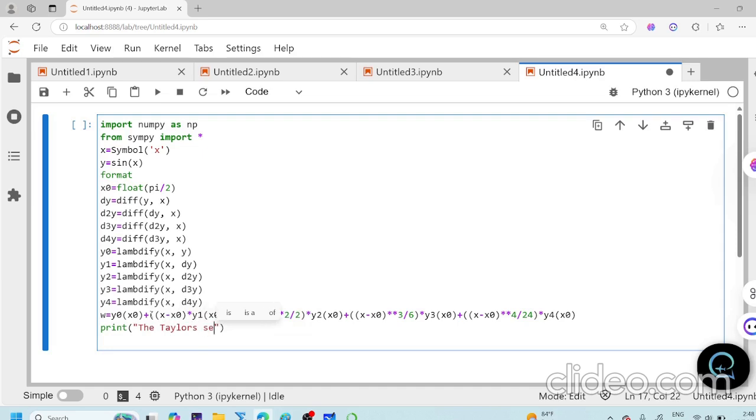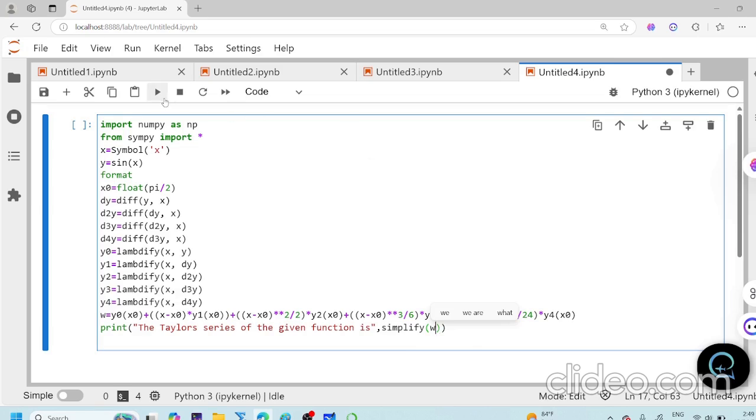The Taylor series of the given function is, I have to simplify w, then print it. Simplify of w. Simplify of whatever the variable I have written here, same thing should be written here. So when you ask the Python console to print the Taylor series expansion, it will print you the output.